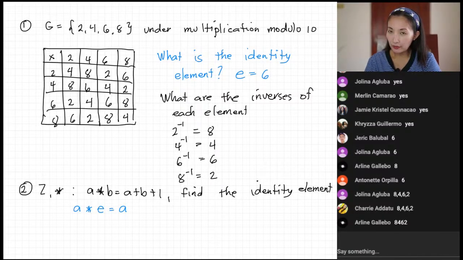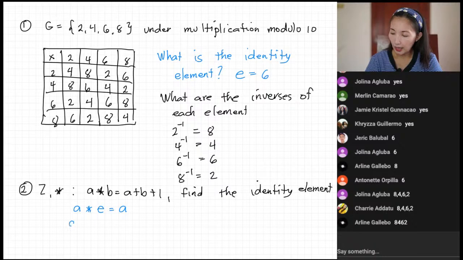So, basing from the definition, work on the left side of the equation. What did we say? By definition, A star B is A plus B plus 1. So, A star E is simply A plus E plus 1. Okay? So, let me write that here.